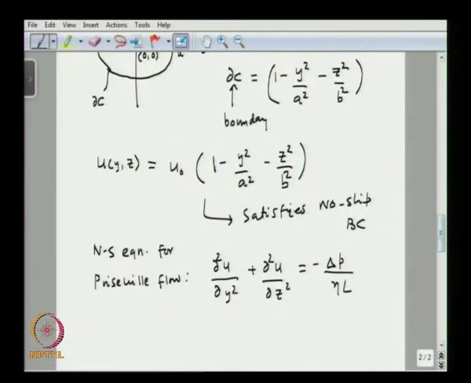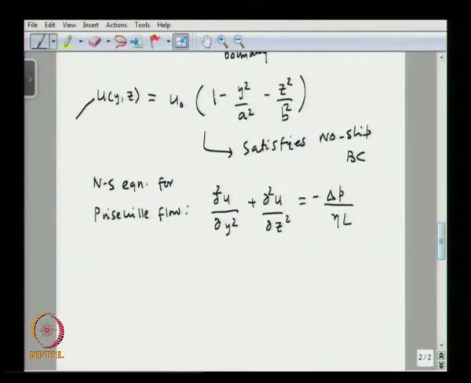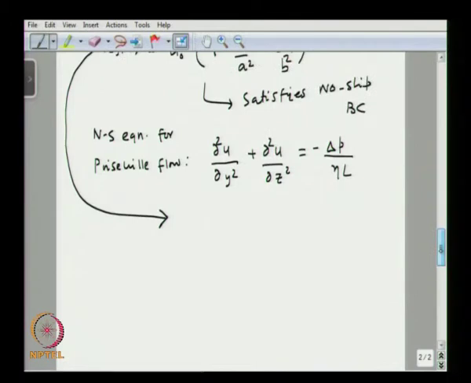So, that is the general equation. Now, if you substitute this trial solution, what you get is minus 2 u 0 into 1 over a square plus 1 over b square is equal to minus delta p over eta L.